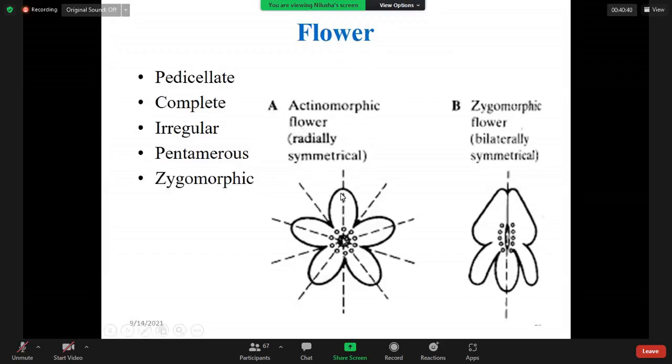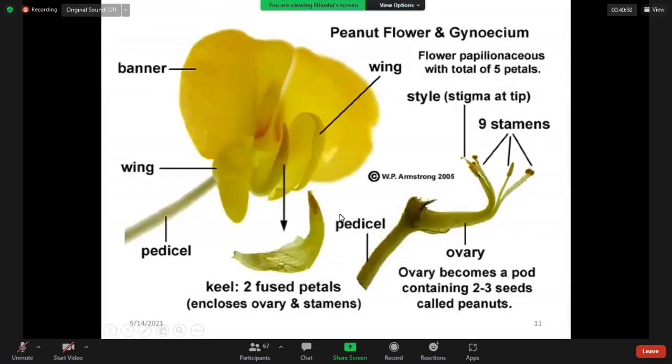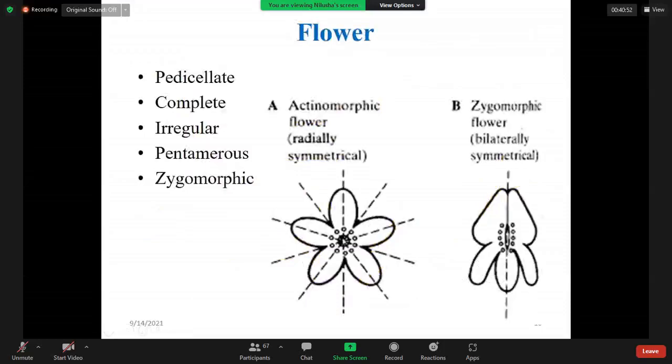In the Solanaceae family you can see several lines of symmetry. If we go through one line, the flower can be divided into equal halves. If we go through another line, that also can divide the flower into equal halves.